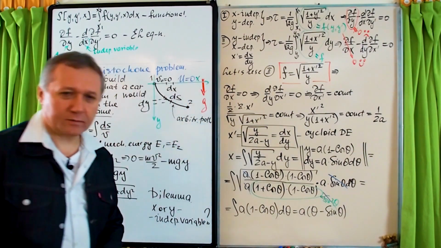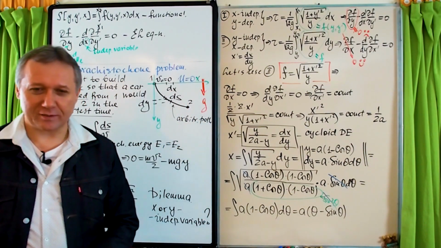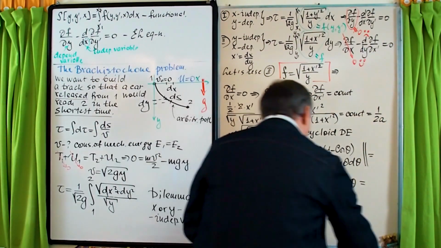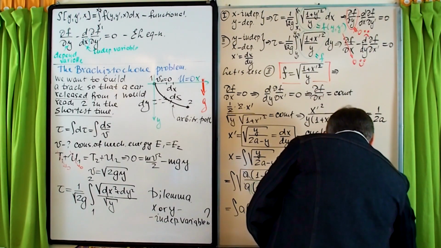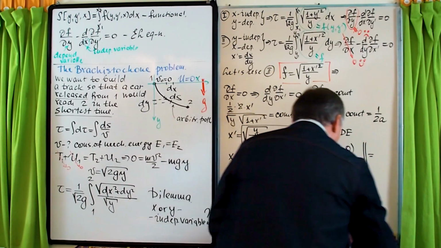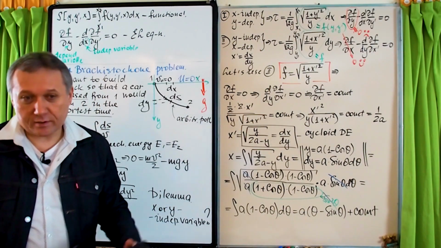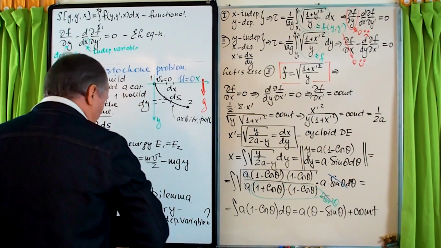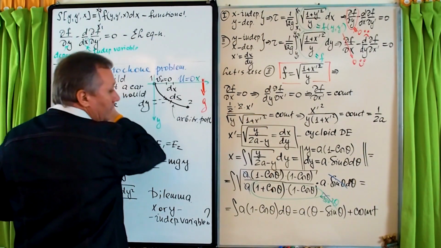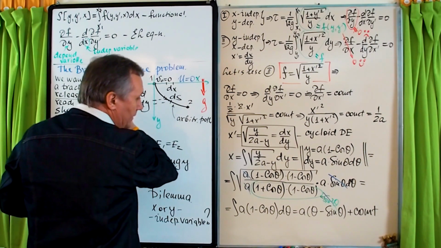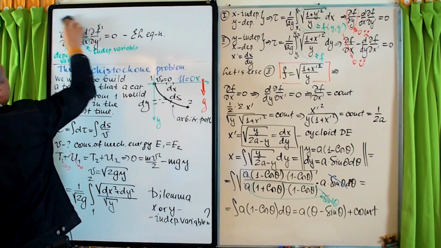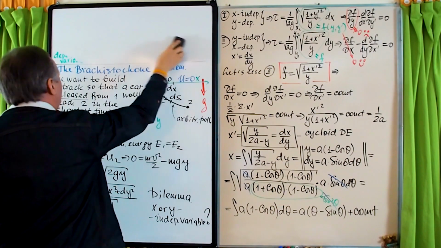Oh no, it's correct. I don't know why I started doubting myself. No, it's correct. And plus some constant. Of course, now this is the second constant of integration. It's still a second order differential equation. Okay, now I can erase this.